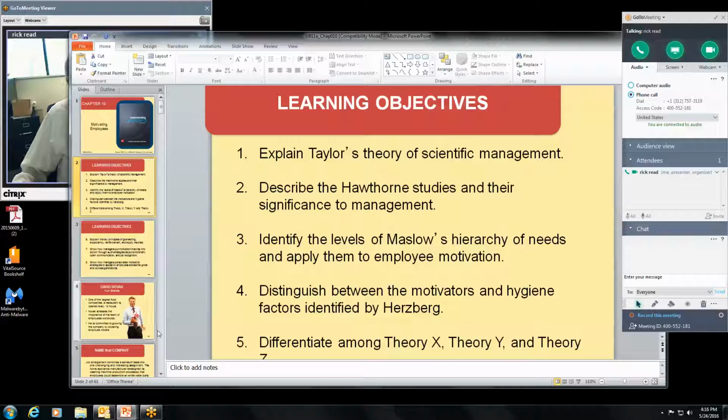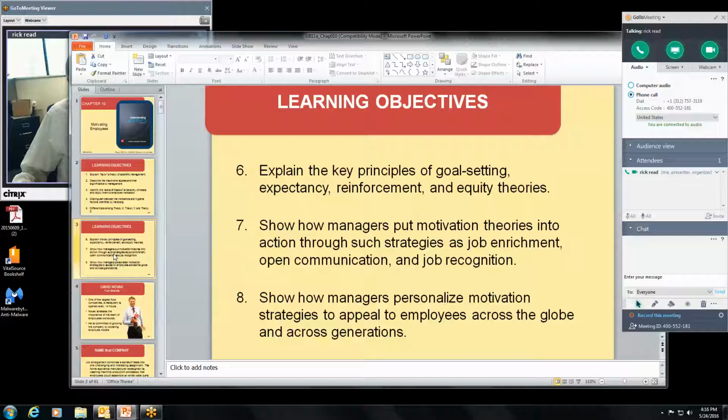Differentiate among theory X, theory Y, and theory Z. Explain the key principles of goal setting, expectancy, reinforcement, and equity theories. Show how managers put motivation theories into action, such as using job enrichment, open communication, and job recognition. And finally, show how managers personalize motivation strategies and appeal to employees across the globe and across generations.